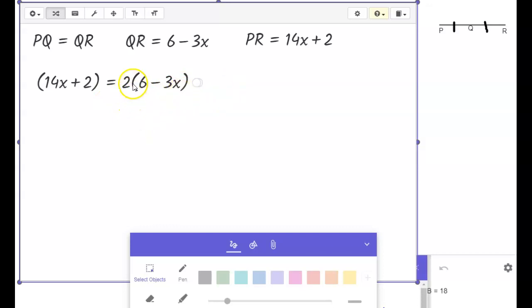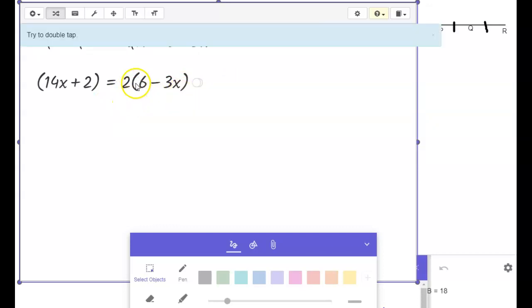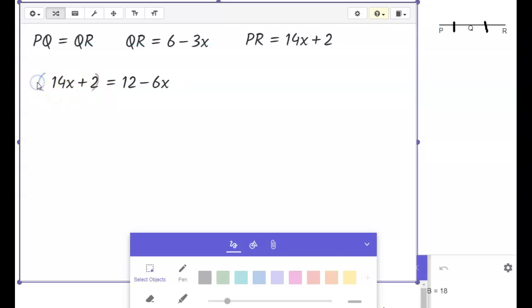Remember, parentheses first. So let's go ahead and click. First time it doesn't click, it'll tell you to double click. Okay, so that it will simplify that. Let's see if we need to double click here. Yes, okay, so that gets rid of the parentheses.